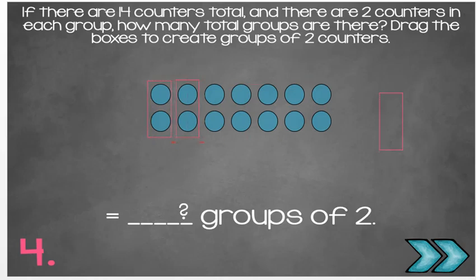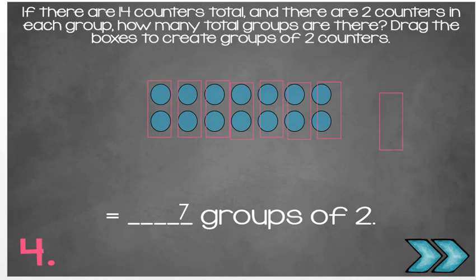So there's 2 here, 2 here, 2 here, 2 here, 2 here, 2 here, and 2 here. So there's 1, 2, 3, 4, 5, 6, 7 groups of 2. So 14 divided by 2 in each group equals 7 groups of 2.